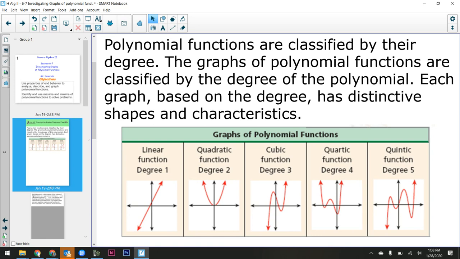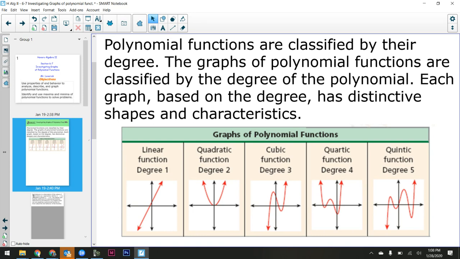The end behavior for even degrees is the same. They will both go up, or they may both go down. For odd degrees, it's one of each. Okay, we don't know yet whether it goes down on the left, or up on the right, or up on the left, or down on the right.